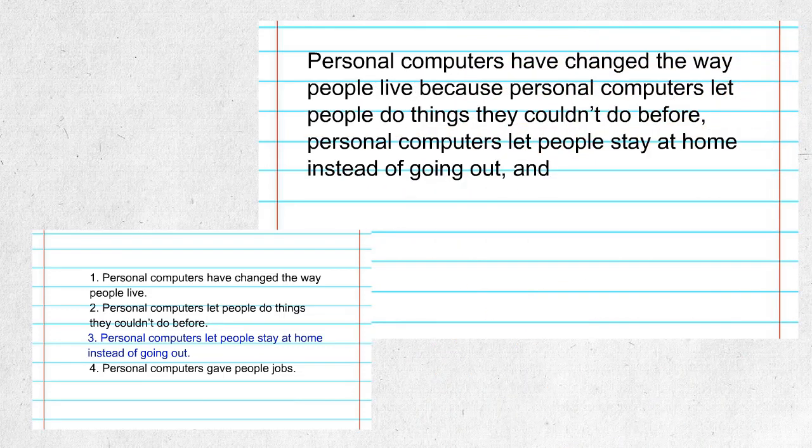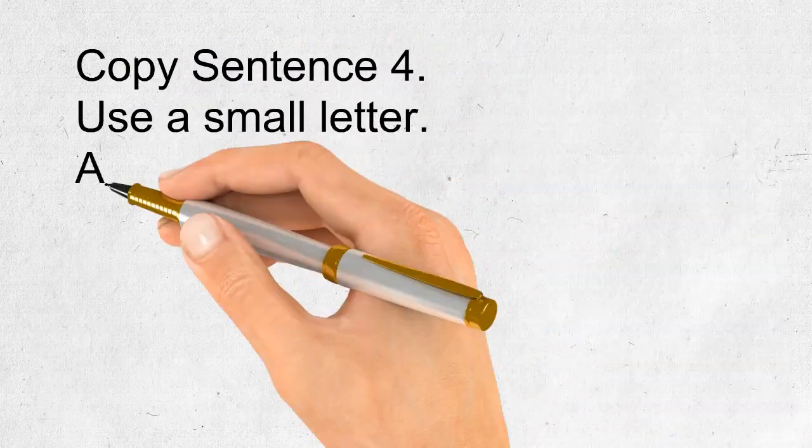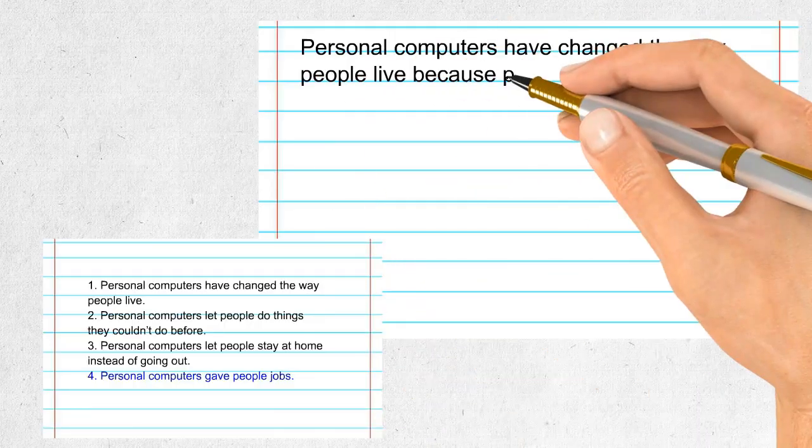Notice we have the lowercase letter starting it, and then we have, instead of the period, a comma and the word and. And then the last and final sentence is going to be sentence number 4. Again, small letter, and then add a period, because that's the end of the sentence. And that looks like this.